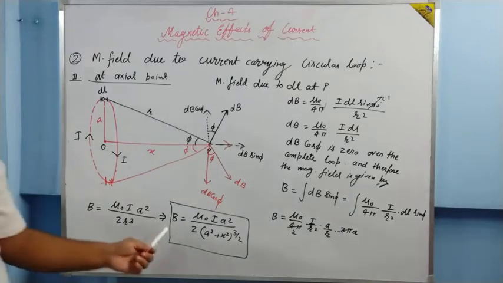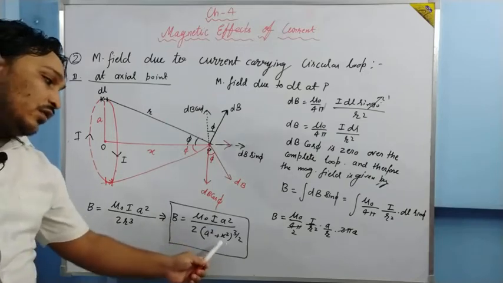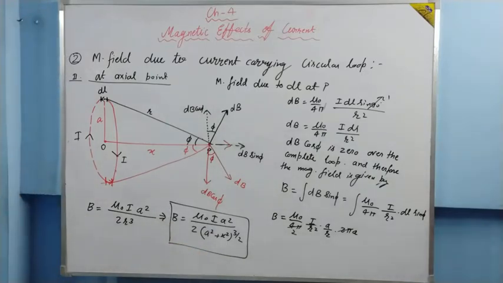Simply, B is proportional to I, B is proportional to A square, and B is inversely proportional to X. Okay, not exactly inversely proportional, but we can see that when the value of X increases, then value of B decreases, right? So this is the magnetic field due to a current carrying loop at its axial point.